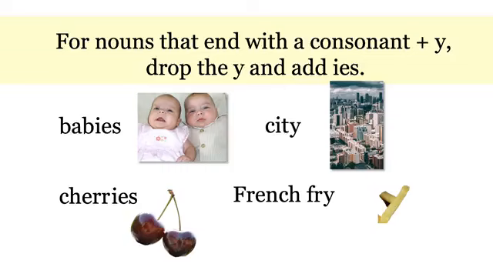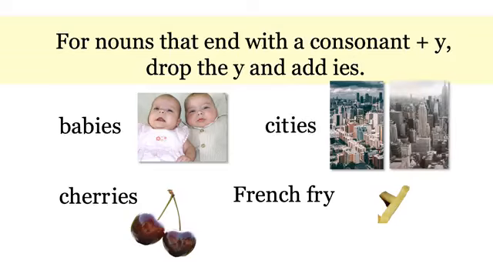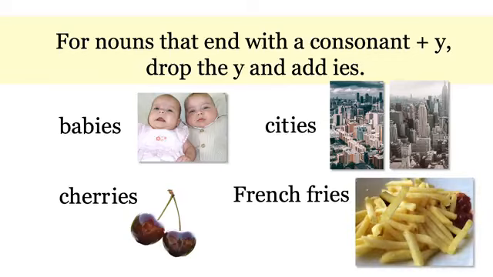Look at the word city. City ends with TY. That is also a consonant and a Y, so again, we drop the Y and add IES. Finally, here is 1 French fry. If we want more than 1, we need to drop that Y and add IES, and now we have many French fries.